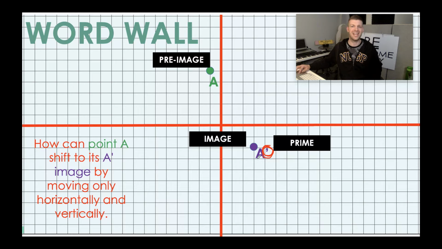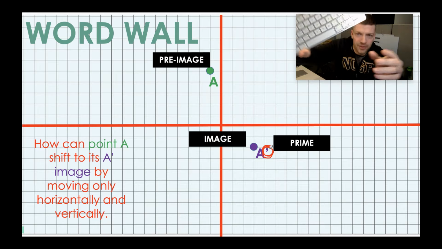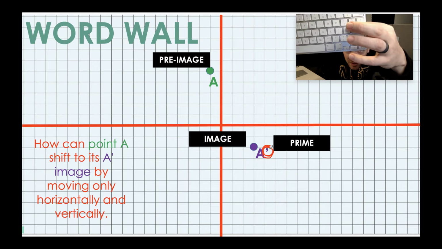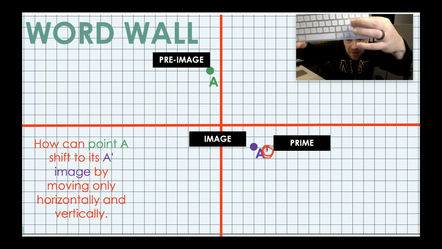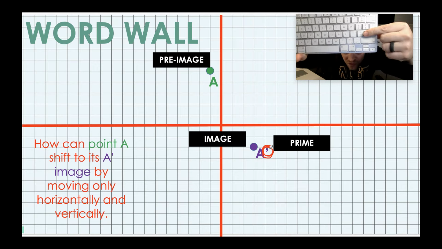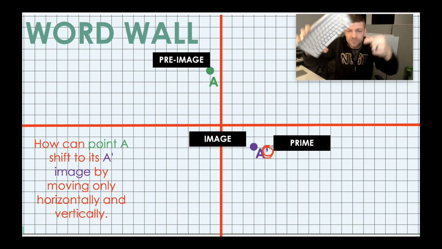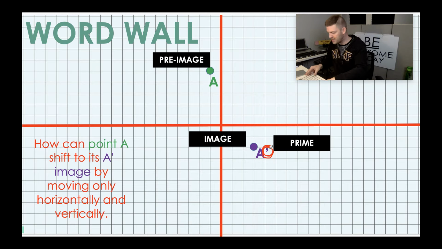Okay, so you need that A with the apostrophe. And if you're wondering where the apostrophe is, it's right there. Okay, it's right next to your enter key. That's the one, if you hold shift and press it, you get the quotation marks.